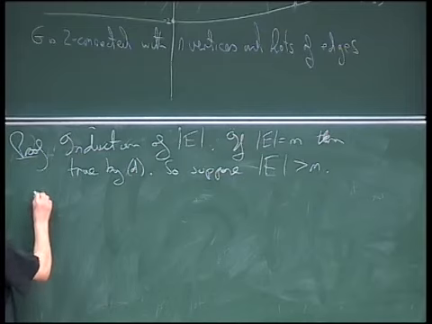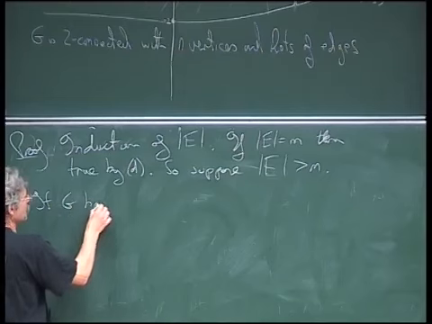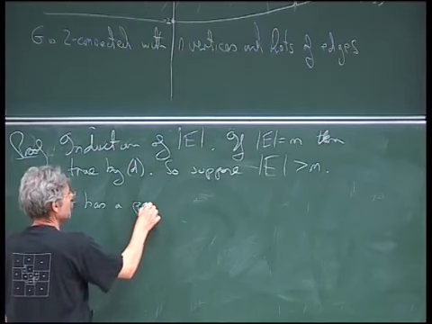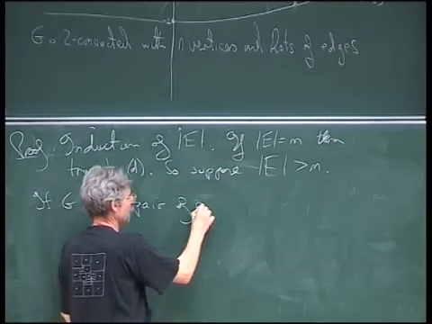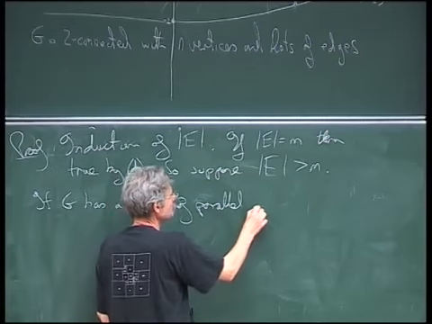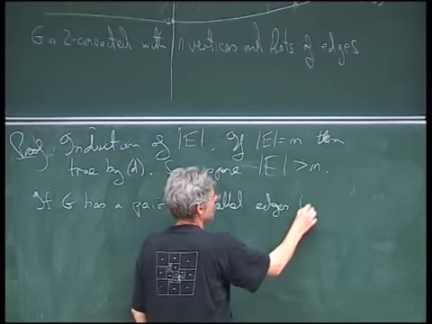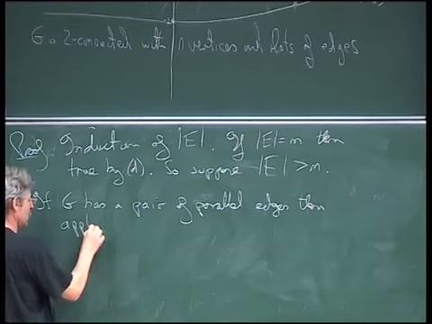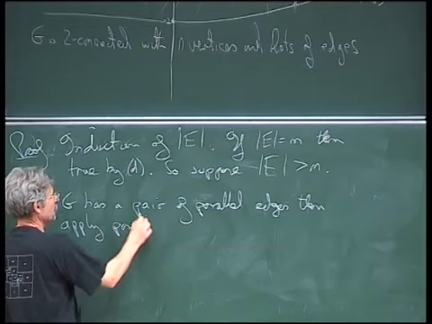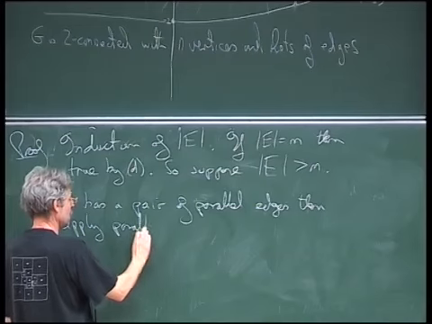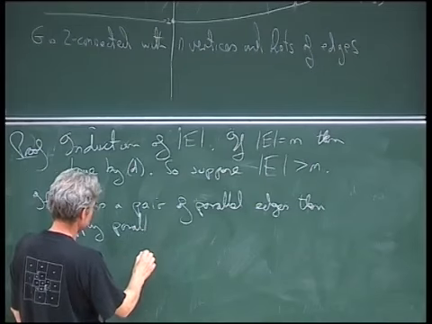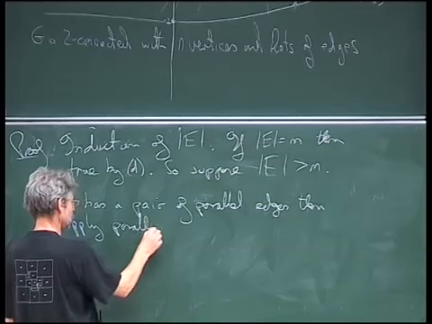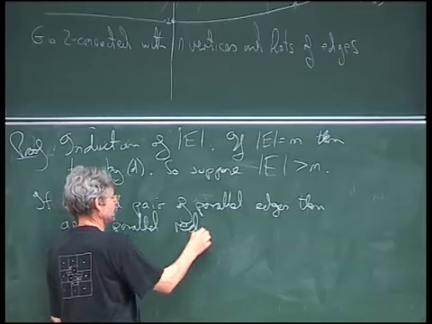So if G has a pair of parallel edges, then we apply the parallel reduction lemma. Yeah, so you assume the graph has no loops, right?